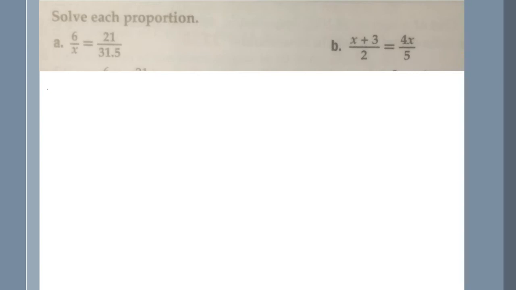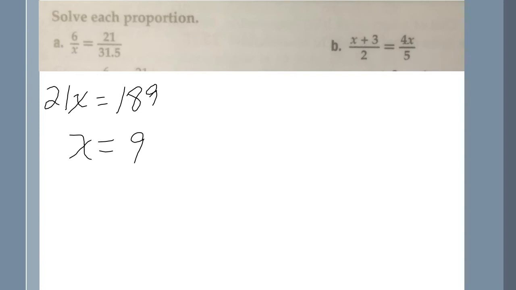And I'm going to get 21x is equal to 6 times 31.5, which is 189, divided each side by 21. And my answer is 9.